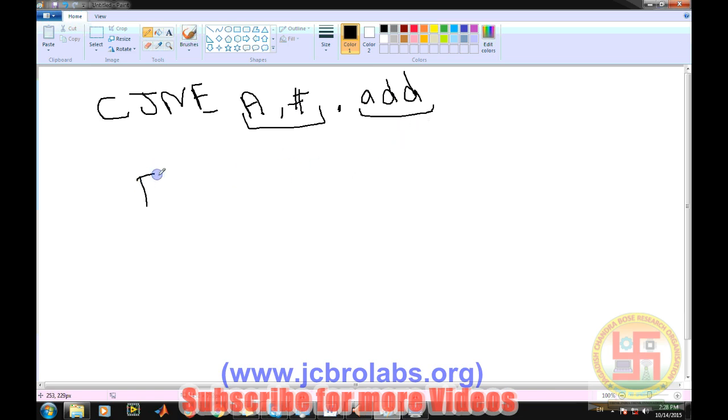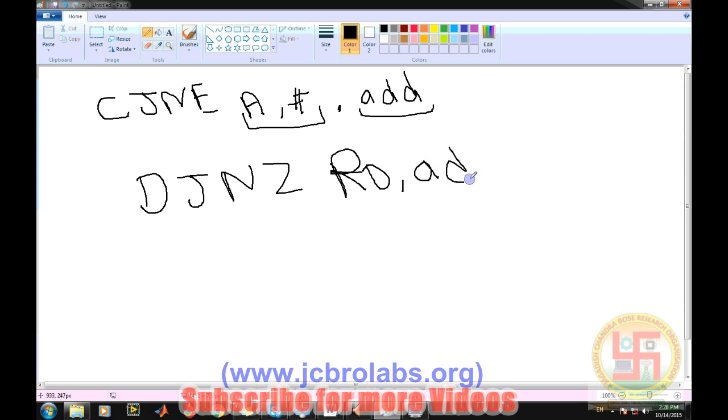Similarly, we have the most famous instruction, DJNZ. It takes R0, suppose, and an address. So what does it do? It decrements the content of the register. It could be R0, R1, R2, and if this content is not 0, then it jumps to the address denoted by this second operand.